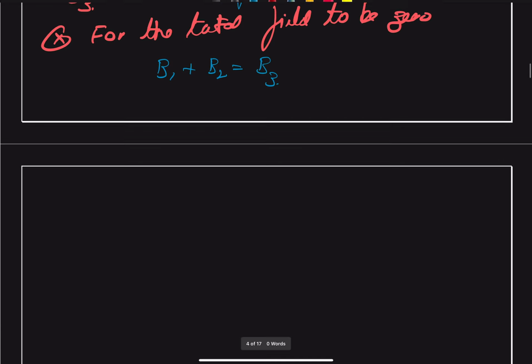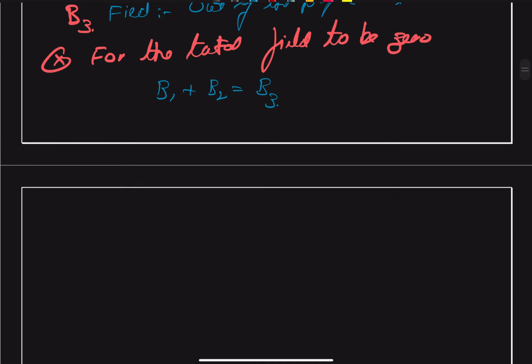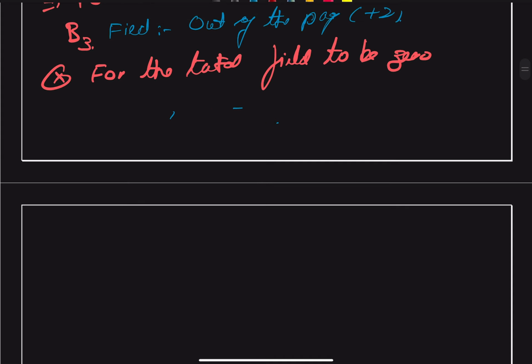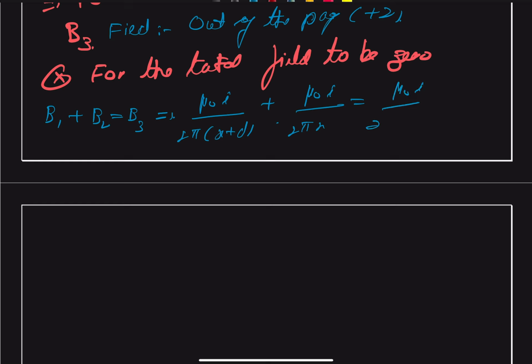Now we simply substitute the formula for that. I can write B1 plus B2 is equal to B3. Substituting, we get mu naught I upon 2 pi (x plus d) plus mu naught I upon 2 pi x should be equal to mu naught I upon 2 pi (d minus x).